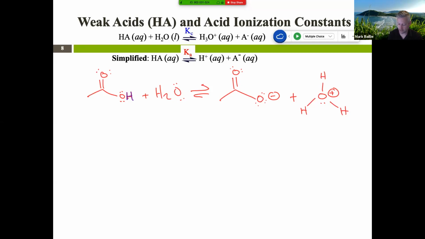So in this case, our purple H moved from our acid to our base.